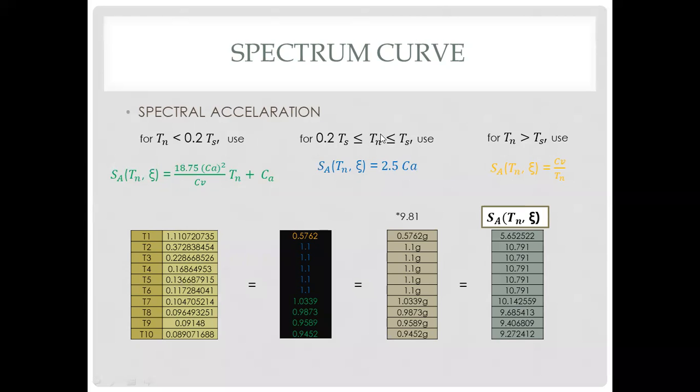So, yung pangalawa is if Tn is greater than or equal to 0.2 TS but less than TS. So, kung ganon, gagamitin natin tong formula na to. And then, ito naman, kung ang Tn is greater than TS. So, gagamitin na naman natin tong formula na to.